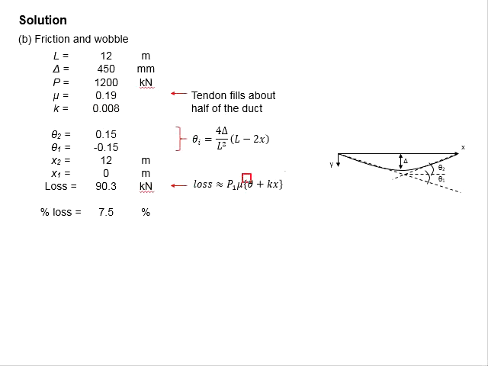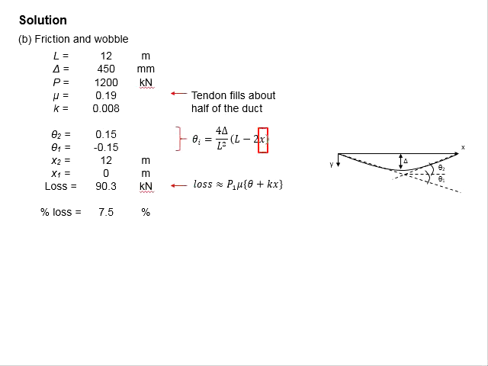In this equation here, you need to find the theta. The theta will be the summation of these two, which means this minus this. To determine the gradients theta 1 and 2, you may use these equations. The e here is 450. The L here represents the total length of the span, which is 12 meters.